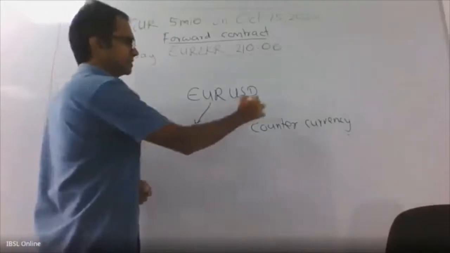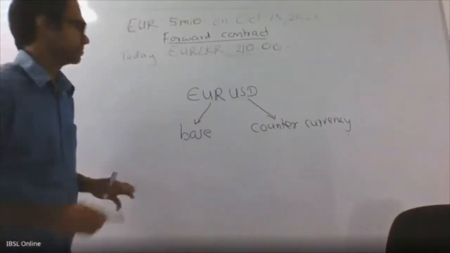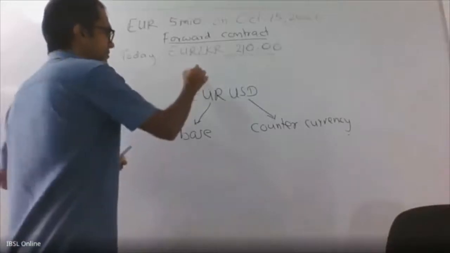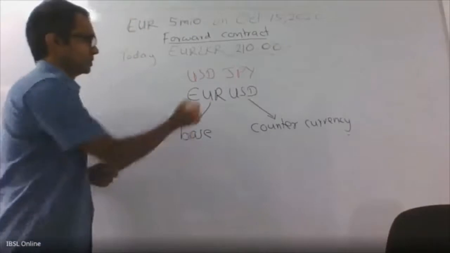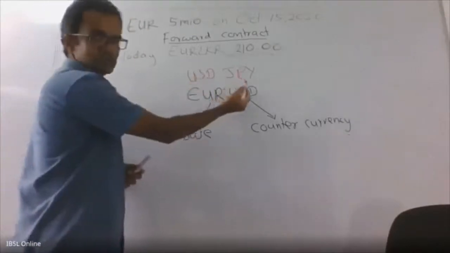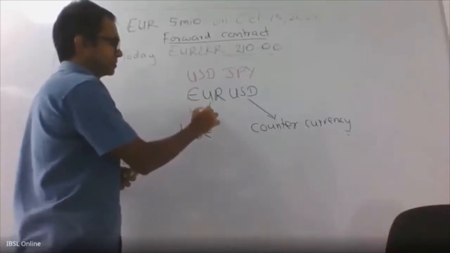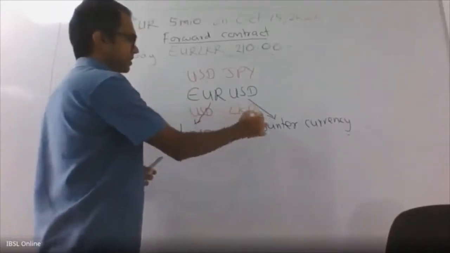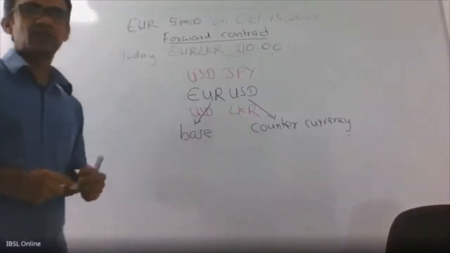Euro is the base currency, dollar is the counter currency. But if you think about USD, JPY, dollar is the base currency, yen is the counter currency. Same thing for USD, LKR. Dollar is the base currency, LKR is the counter currency.